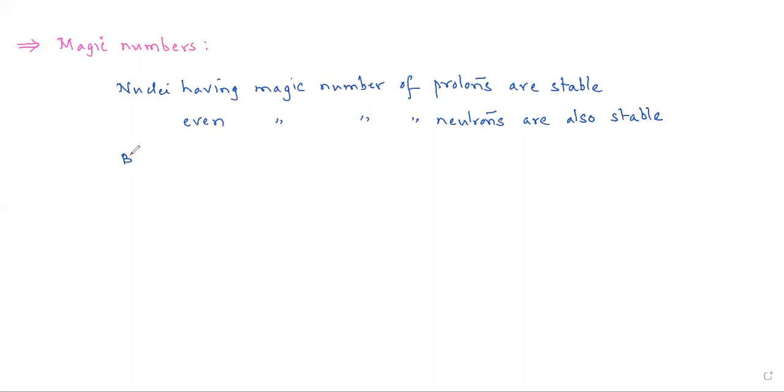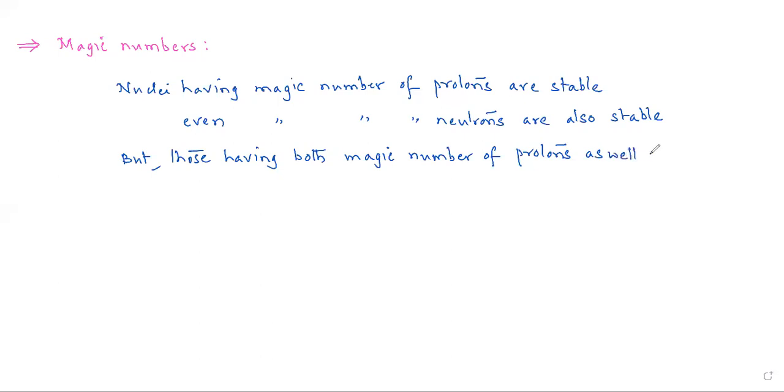But those having both the magic number of protons as well as neutrons are the most stable.